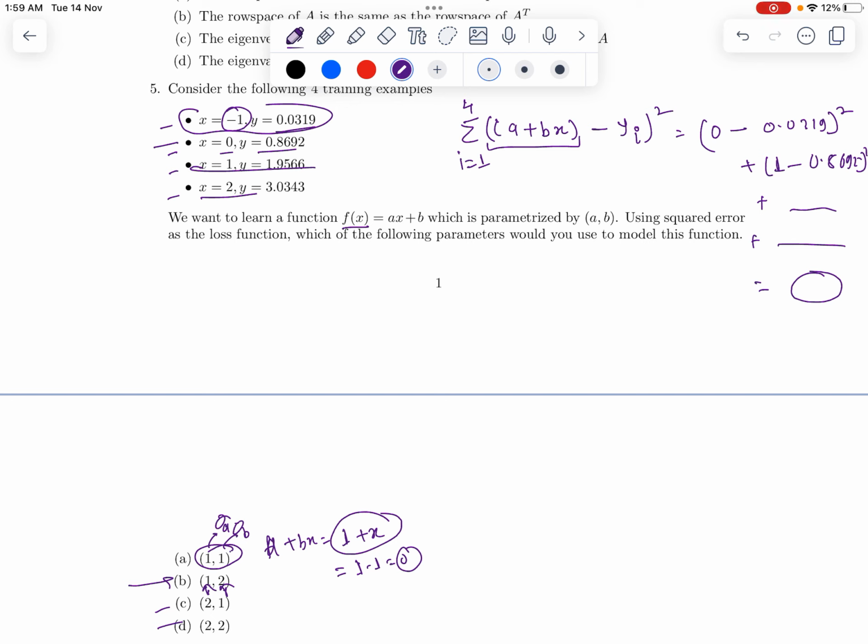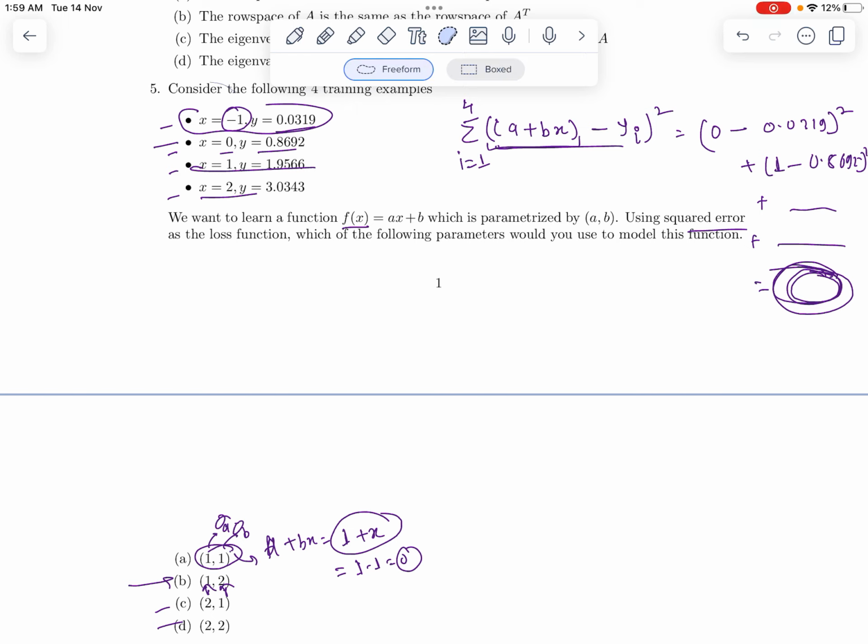So after doing all these calculations, whatever option gives you the minimum squared error, that will be your answer.